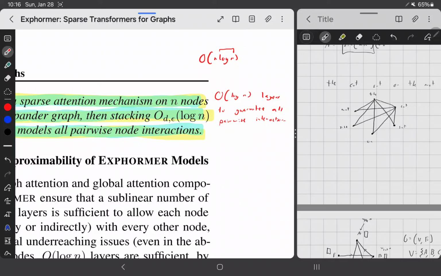So that's likely more expressive than full attention with only order n log n. So it's probably more expressive, and it doesn't require nearly as much complexity, assuming graph neural networks are not that computationally expensive, which they are in practice.